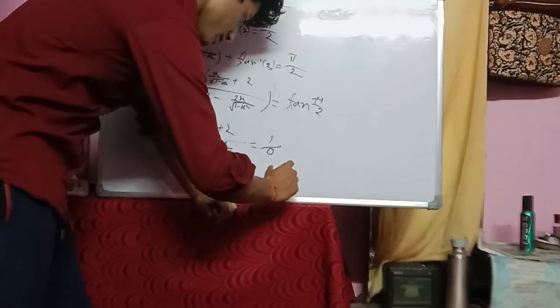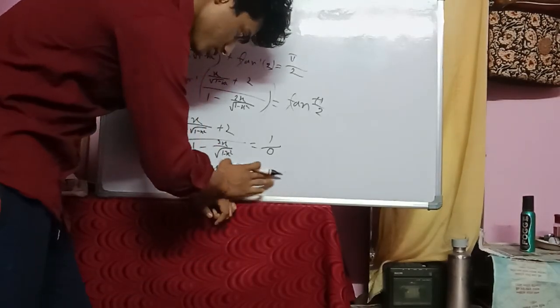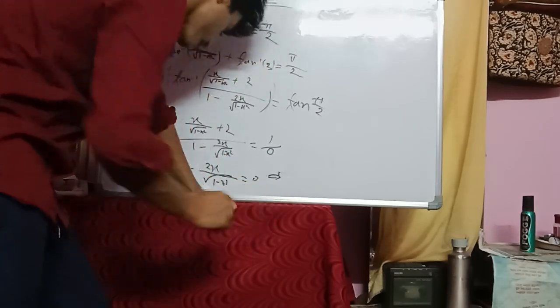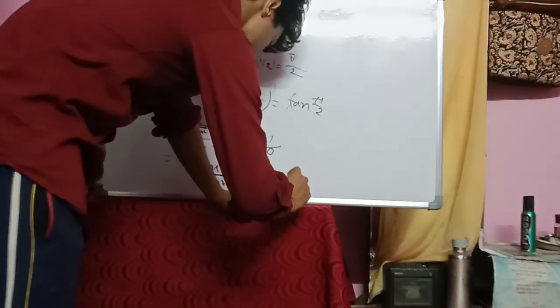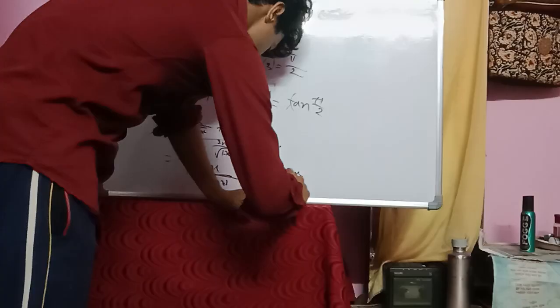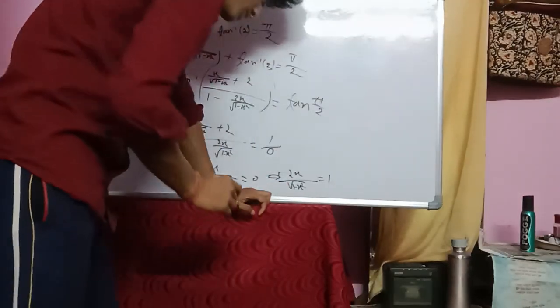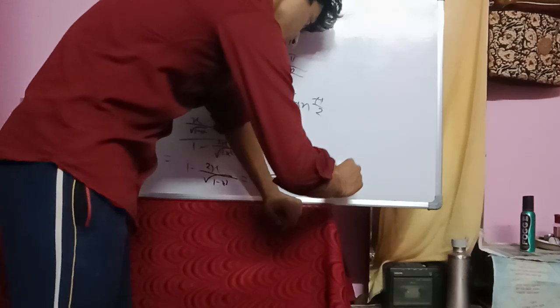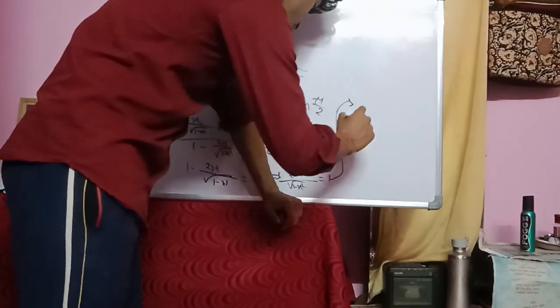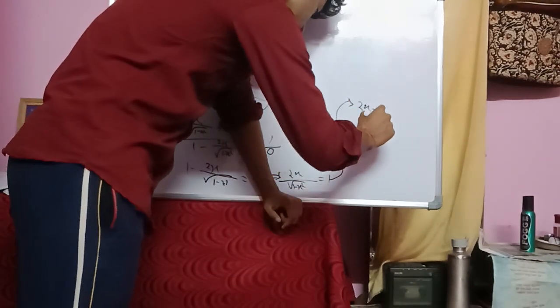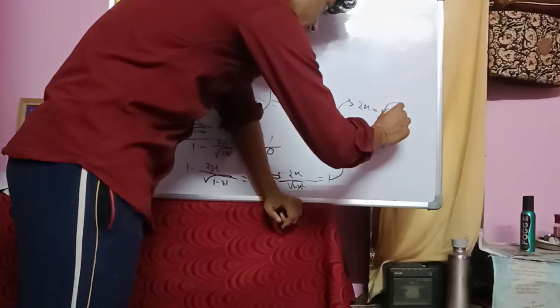So from this we get 2x over root over 1 minus x square equals 1. So from here we get 2x equals root over 1 minus x square.